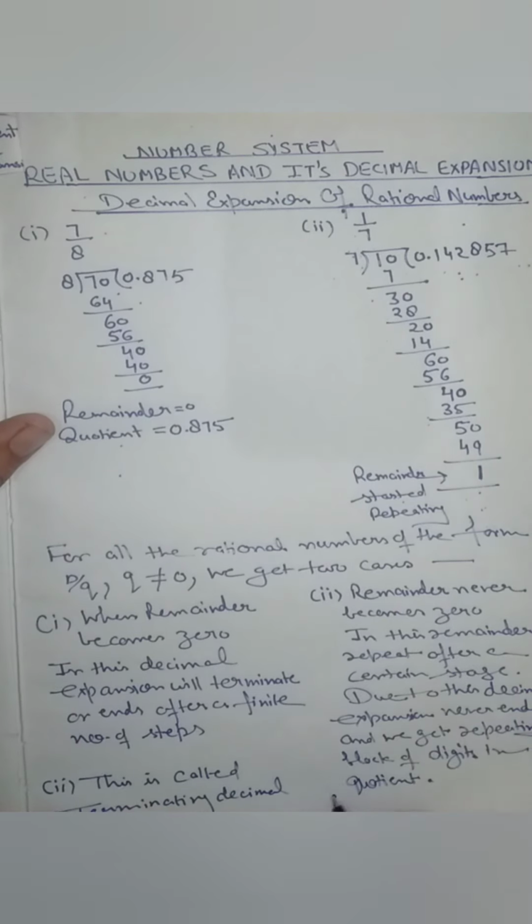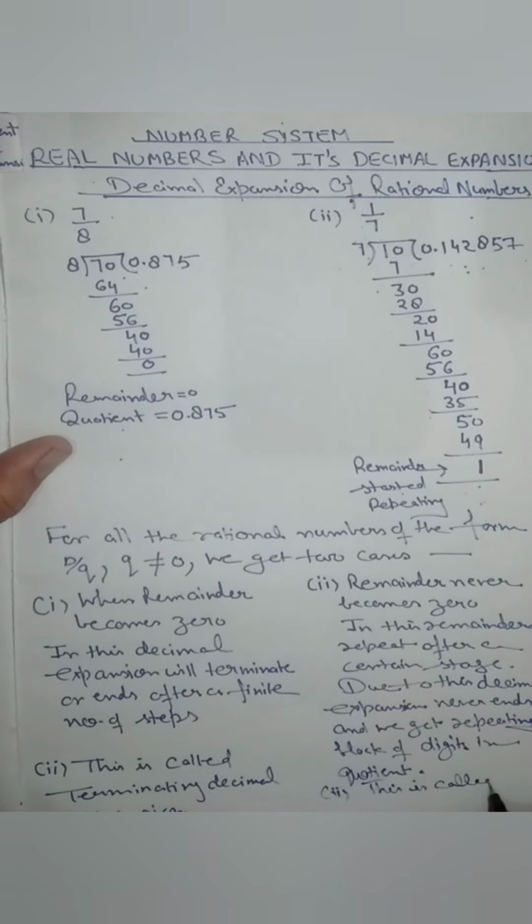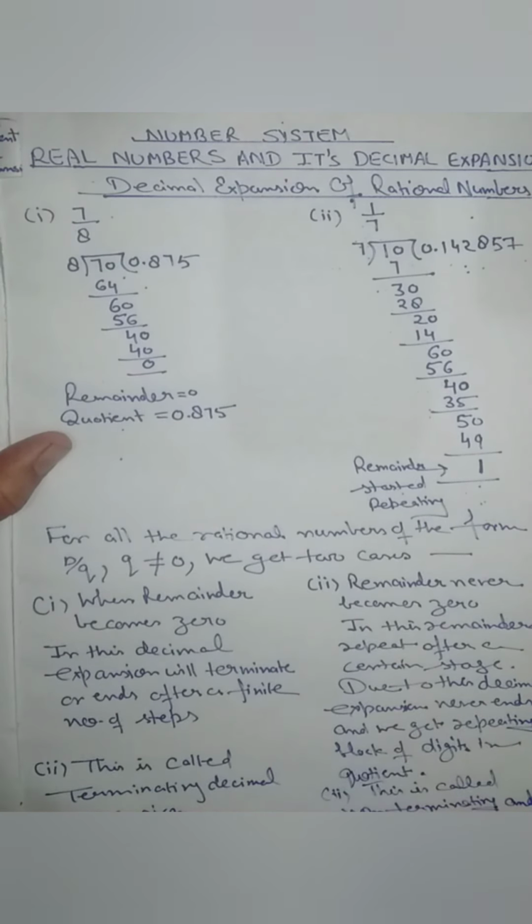On the other hand, the one in which decimal expansion never ends and it repeats again and again is called non-terminating and repeating, or you can say recurring. It has the same meaning, recurring decimal expansion.